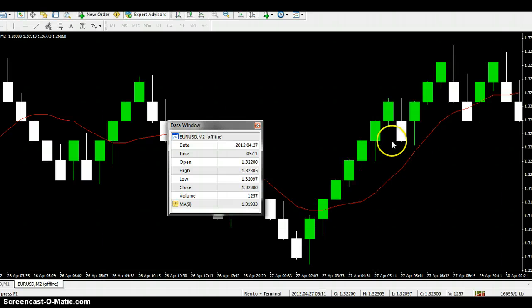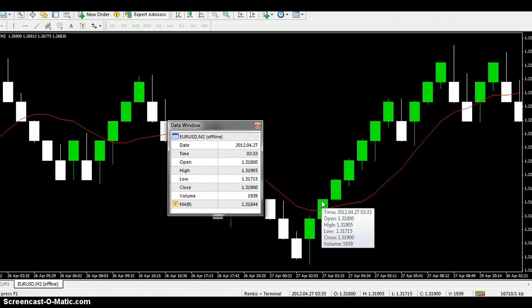Now for moving up, we will always be breaking the range in half, and the half range of this candle would be 3185. The moving average is below the half range, so it is a valid long setup.